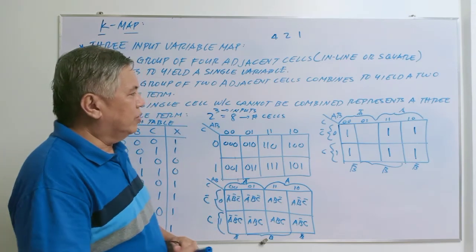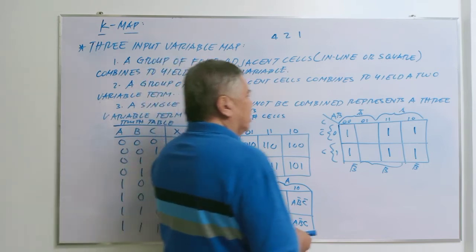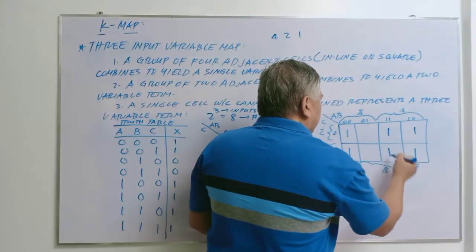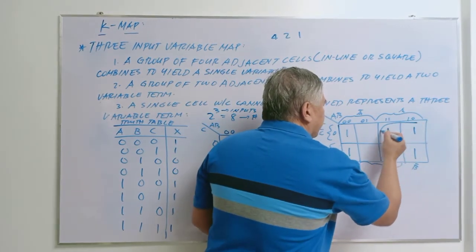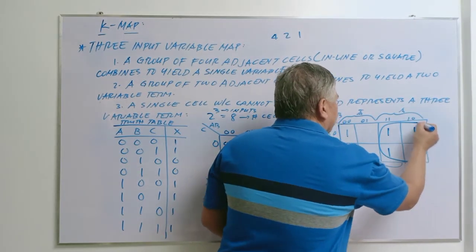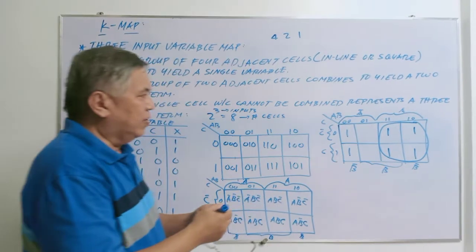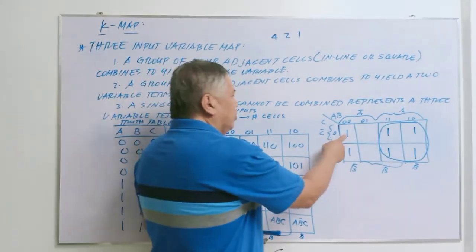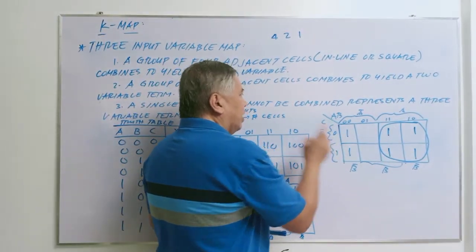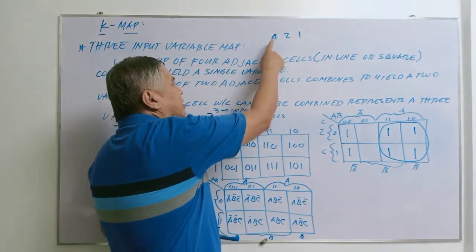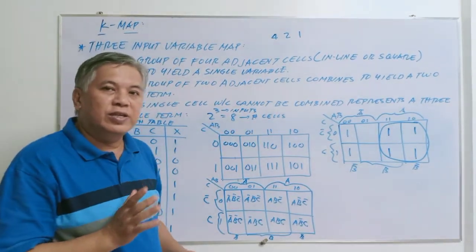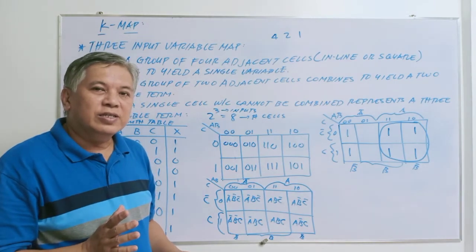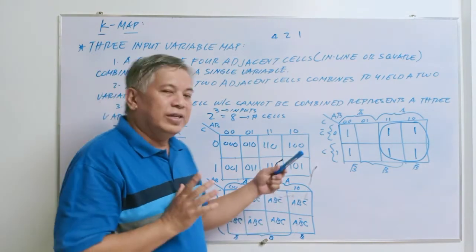Okay? So these 4 adjacent cells are to be combined into one group. Now if you notice that we have 2 cells here, again, we have to maximize the number of cells to be grouped. So is there another group of 4 adjacent cells? My answer is yes, there is.